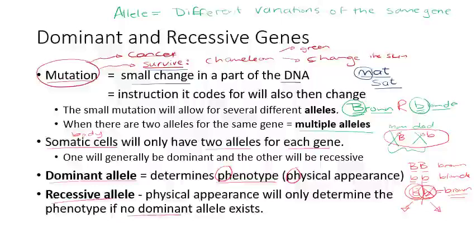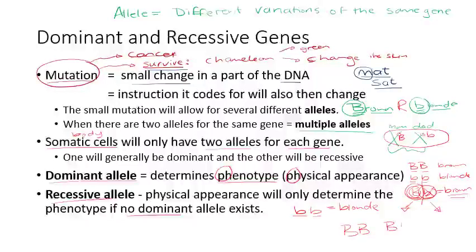Recessive alleles will only determine the phenotype if no dominant allele exists. In other words, if I've got a recessive allele, the small b and the small b, and the dominant allele is not in this, then we'll only be able to present ourselves as being blonde. But if I have a capital B and a capital B, my genotypes from mom and dad are two capitals, I'm going to present as brown.